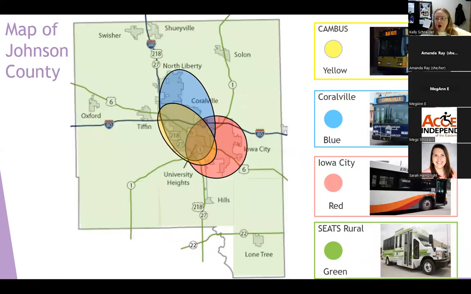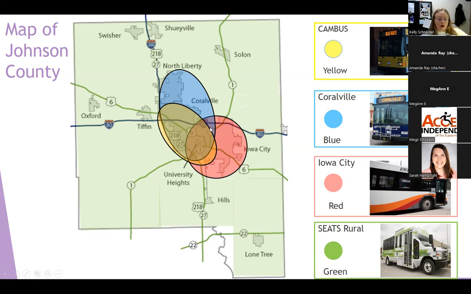All right, here's a map to kind of tie that all in together. As I mentioned, here in the urban areas, which includes North Liberty, Coralville, University Heights, and Iowa City, you'll see that there's quite a bit of overlap. So we've got CAN bus, Coralville, and Iowa City operating in those areas.